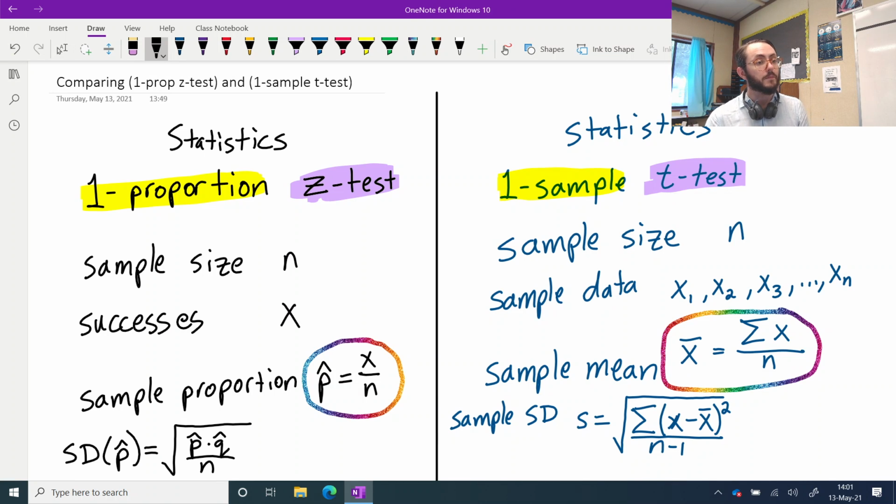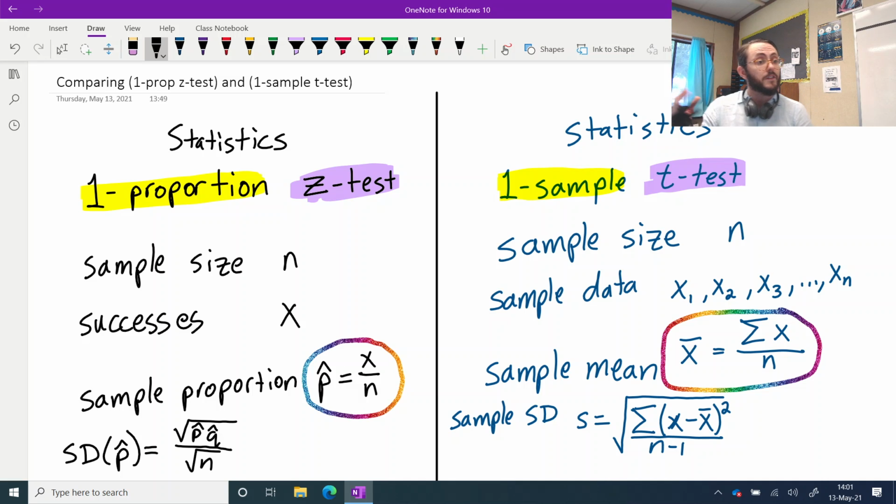And this comes from the fact that, actually, if I split this up a little bit, square root of p hat times q hat divided by the square root of n. Okay.